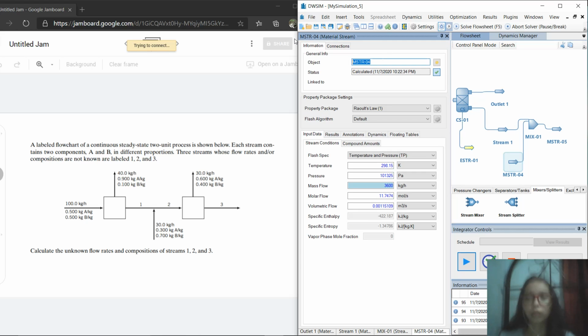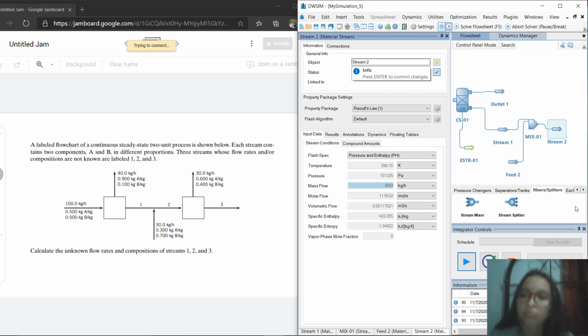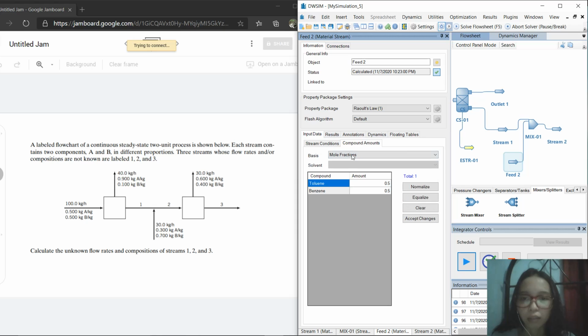So we're going to name this as feed 2, and the outlet stream as our stream 2. Feed 2 is said to be flowing 30 kg per hour. And in the compound amounts, don't forget to click mass fraction. We're going to put 0.3 and 0.7. Accept changes.